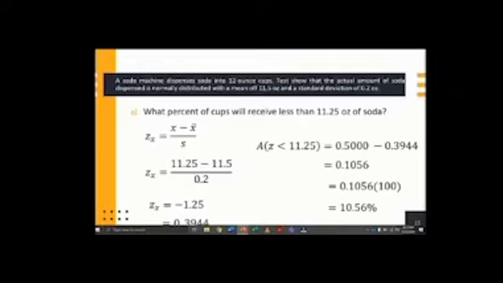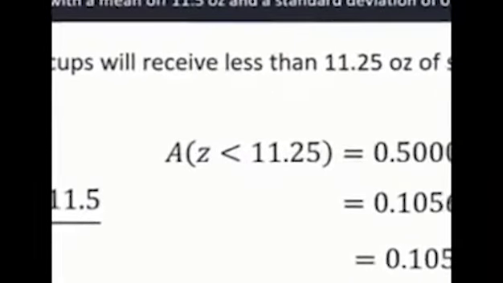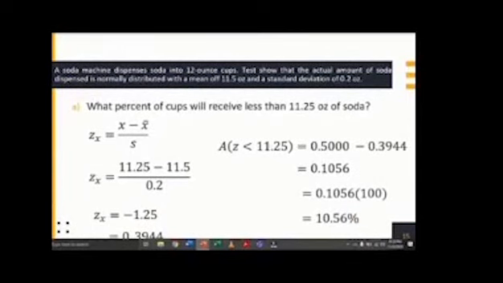Tapos nasa less than na 11.25, magta-times tayo sa 1.25. Ang lalabas na sagot ay 0.5000 at yung area ay 0.3944.